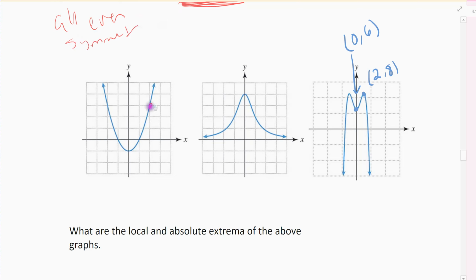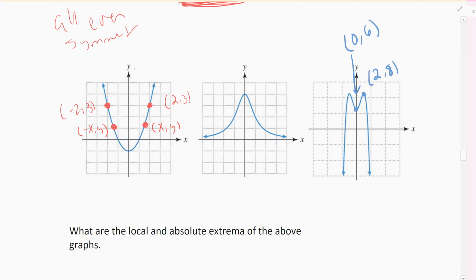If I pick a point on this graph, the point 2, 3, there's a matching point on the other side at negative 2, 3. And if I pick any function value over here, x, y, I get a matching one on the other side at the negative x, same y. That's what it means to have even symmetry. I fold it over the y-axis and it's identical.